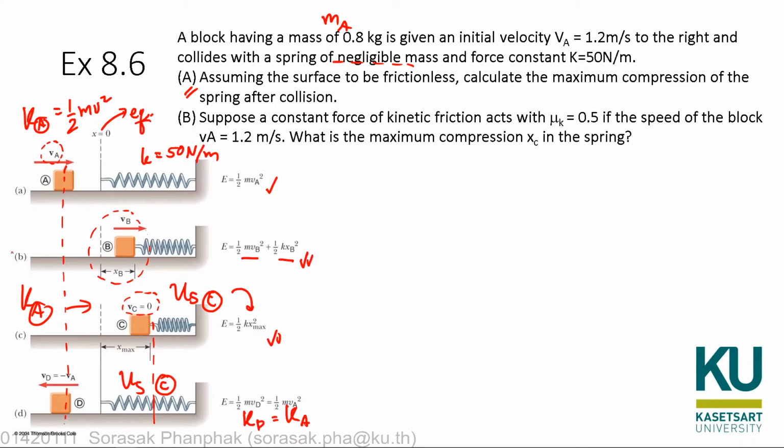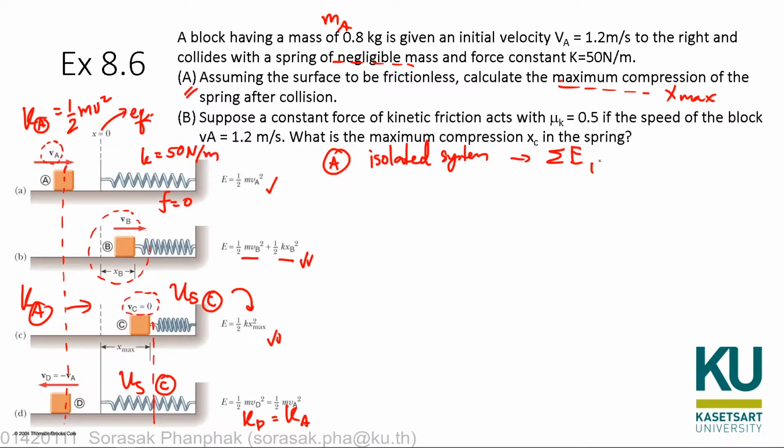So now we consider this state as a frictionless system first in A. If you would like to calculate the maximum compression, that is your X max in the system, how can you determine it? Looking at system A, it looks like an isolated system, right? And without friction, you use the concept of energy.